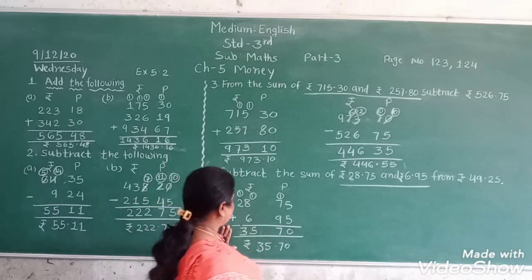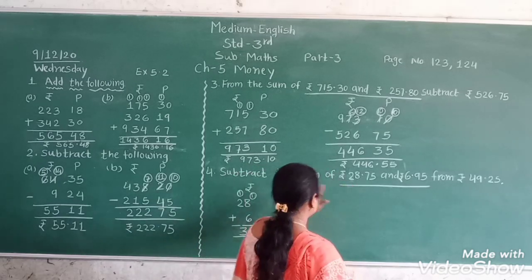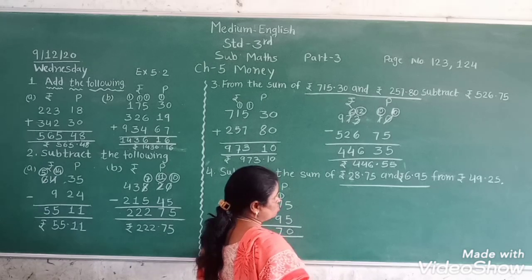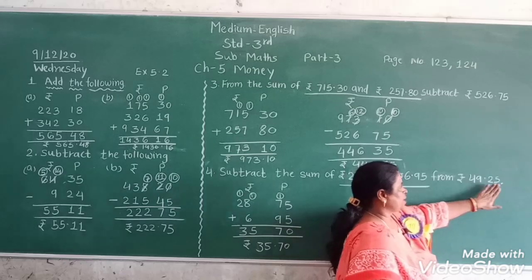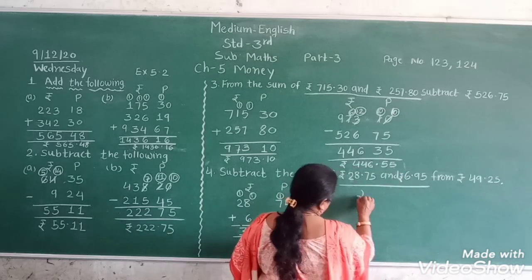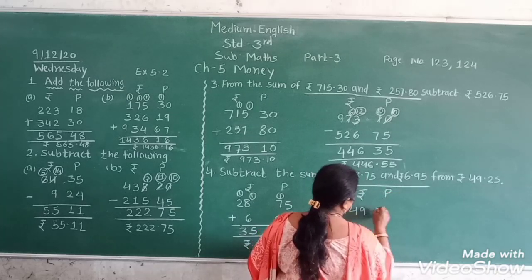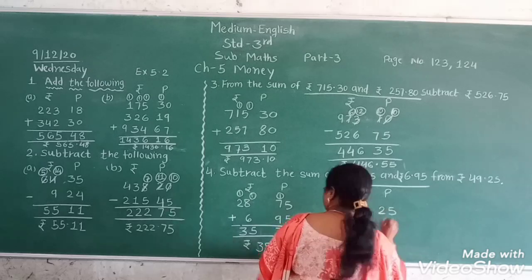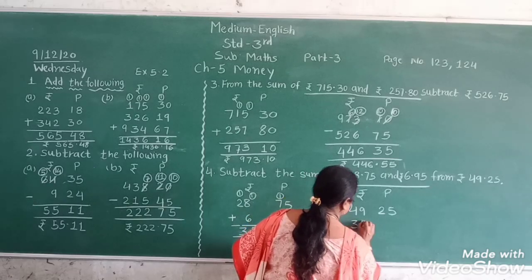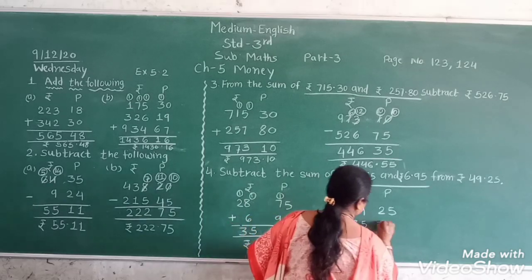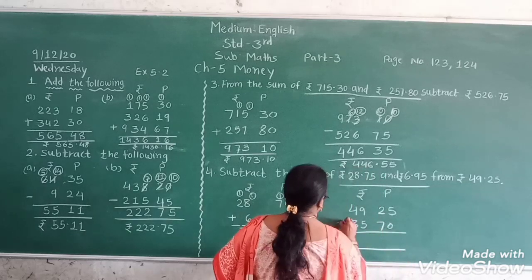Okay. Now here given the sum, meaning we have to subtract it from rupees 49 and 25 paise. So we write here rupees and paise, 49, 25 paise, and we get answer here 35 rupees 70 paise. Now we will do subtract.